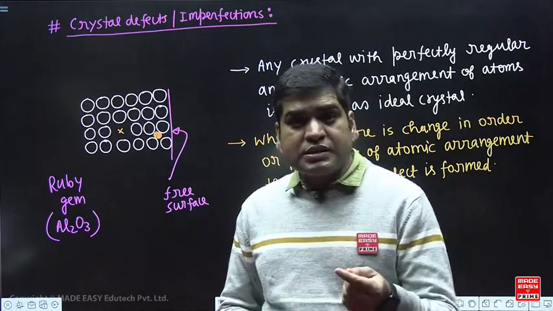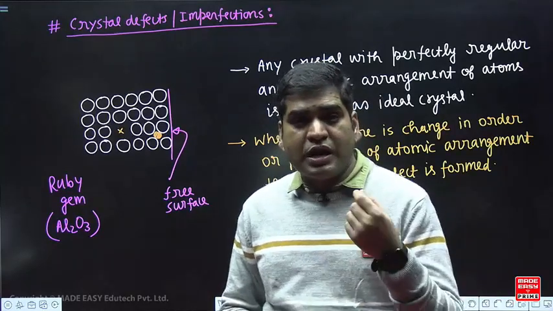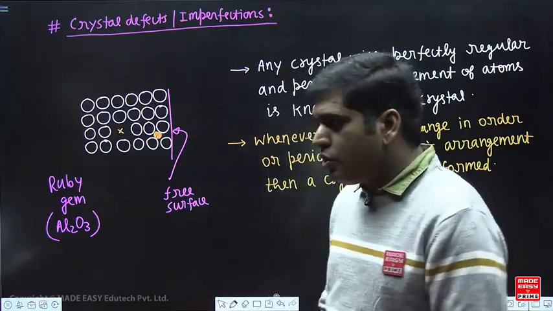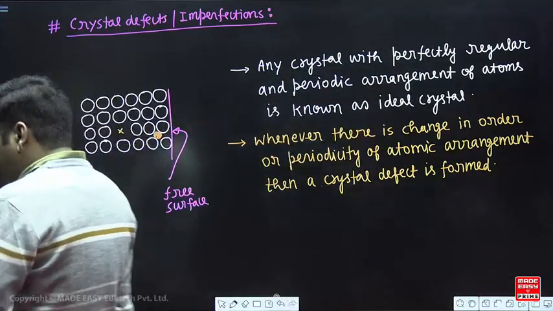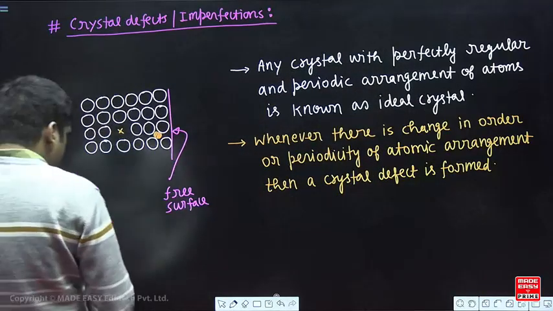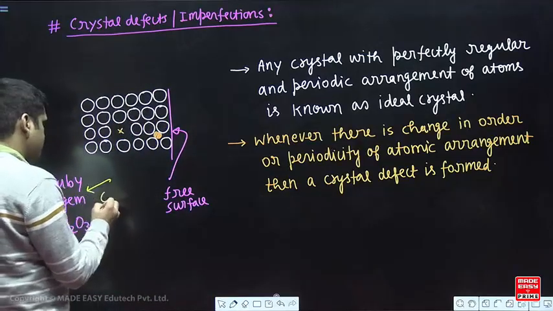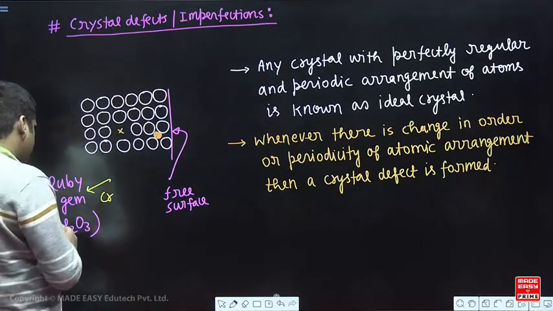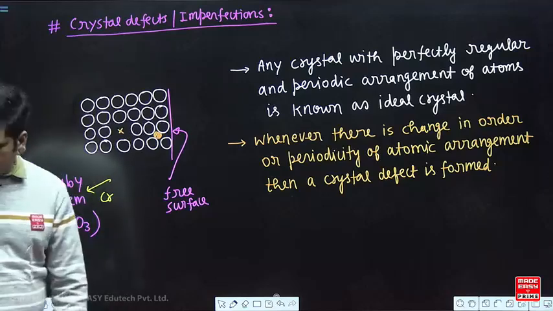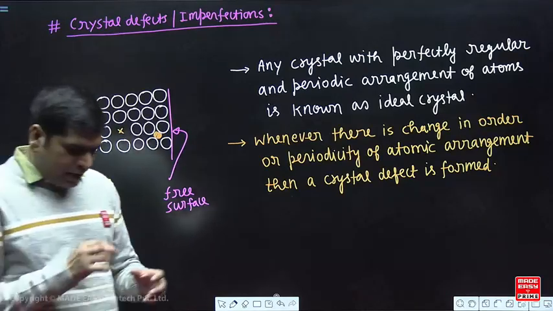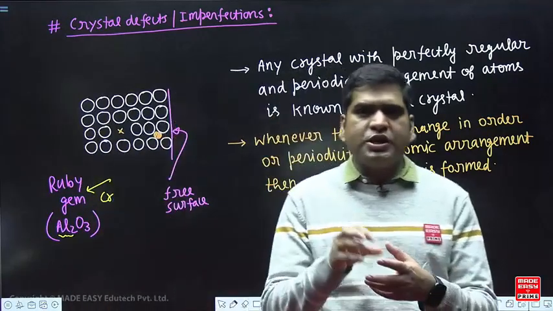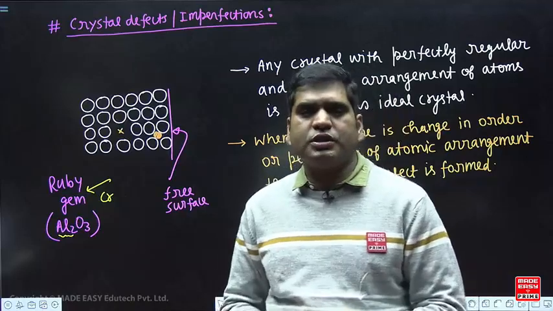So to enhance its value, what do we do? We add a small amount of chromium into this ruby. This chromium replaces a few atoms of aluminum, and hence chromium functions like a defect in this ruby crystal.